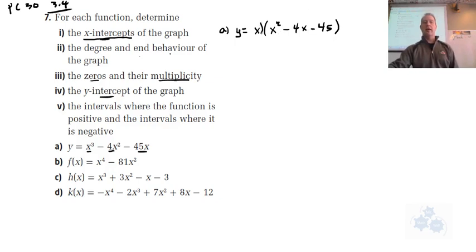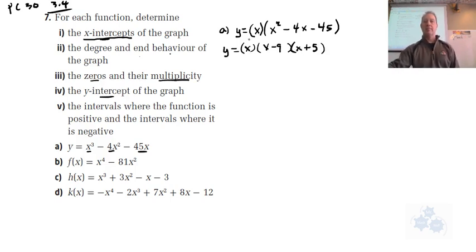So this is just like x minus 0 as a factor. And it looks like I should be able to factor this further, maybe by sight. Are there two factors of negative 45 that add up to negative 4? Okay, x minus 9, x plus 5.